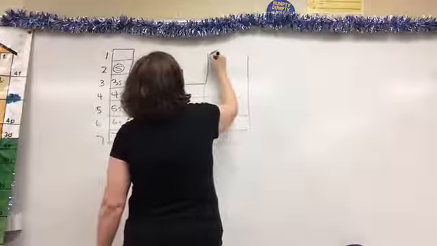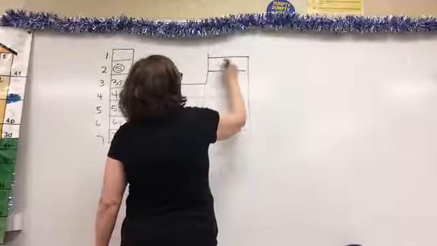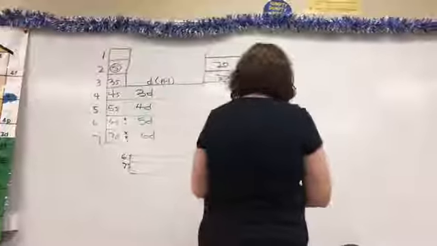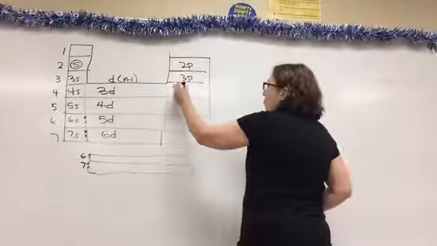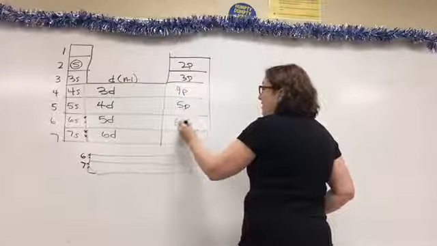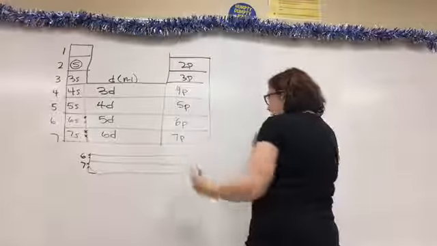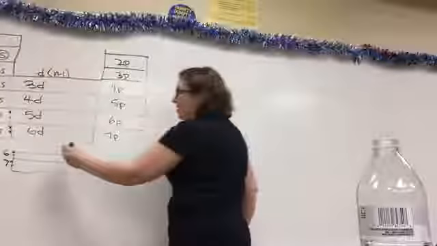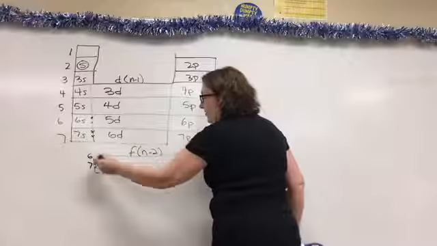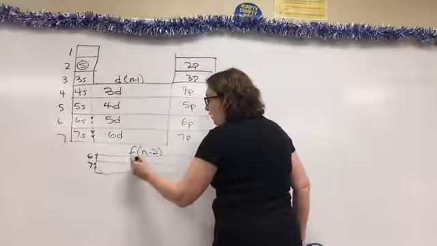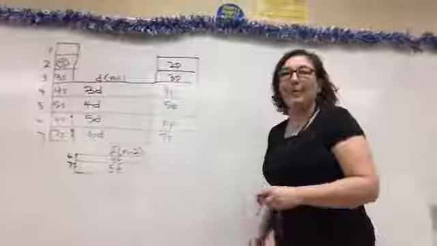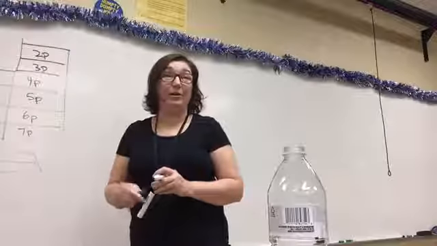So here is 2P, 3P, 4P, 5P, 6P, 7P. And then down here, our F is N-2. So if it's the 6th energy level, this is 4F, and this is 5F. Remember that? You all good?